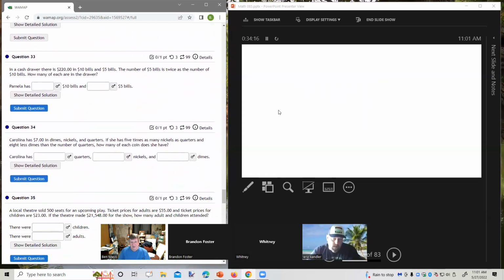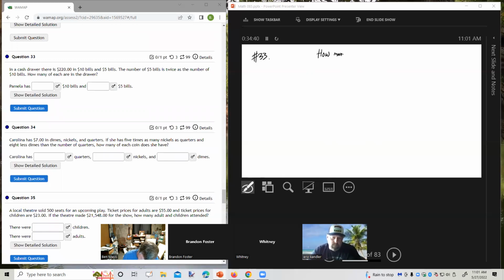Let's see here. Number 33. In a cash drawer, there is $220 in $10 bills and $5 bills. The number of $5 bills is twice as the number of $10 bills. How many of each are in the drawer? Okay.